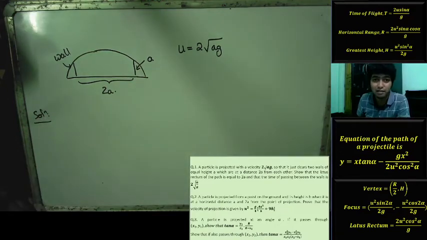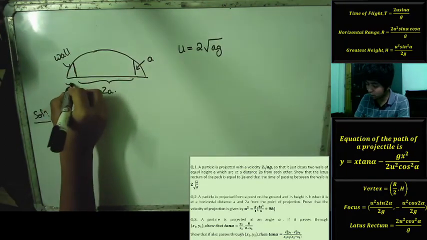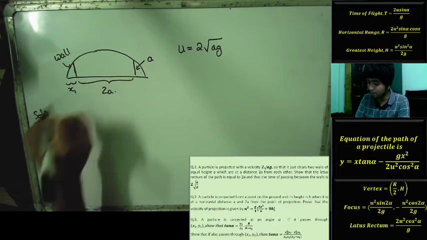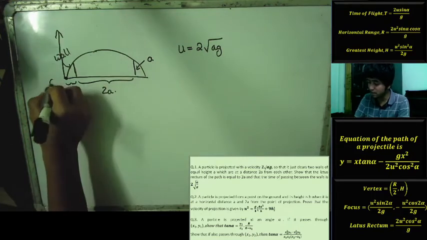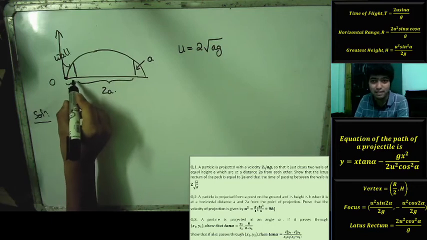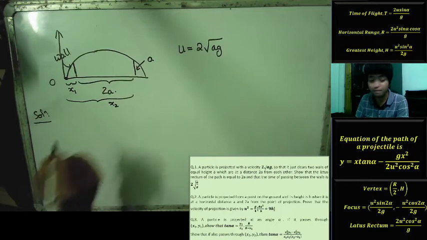So over here, even though it's not given, we will require the path of a projectile. Why do we need the path of the projectile? Because over here, if we denote the position of this wall by x1 from the origin, the distance of the first wall is x1 and the distance of the second wall is x2.